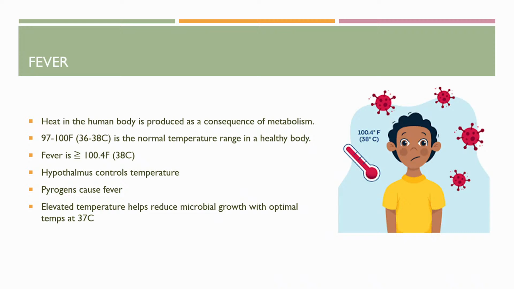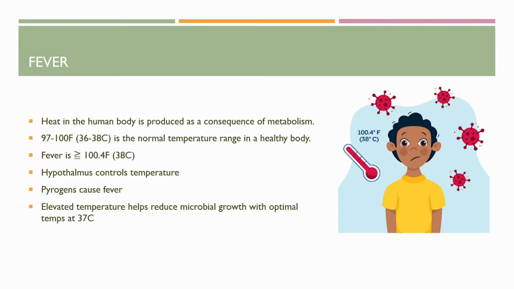So a fever, you guys should know that the normal temperature range in the body is about 98.6. A fever is a consequence of some sort of metabolic activity in the body. So if you have a fever, then clearly there's something going on. Pyrogens cause fever. They are a group of chemically diverse substances, so you don't really need to know too much detail about that.